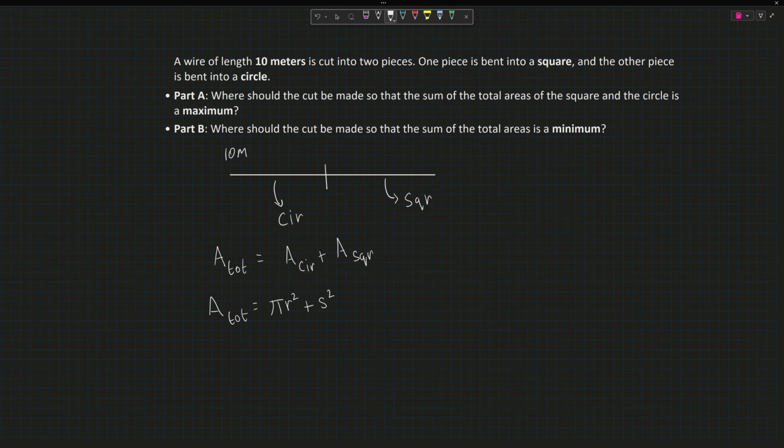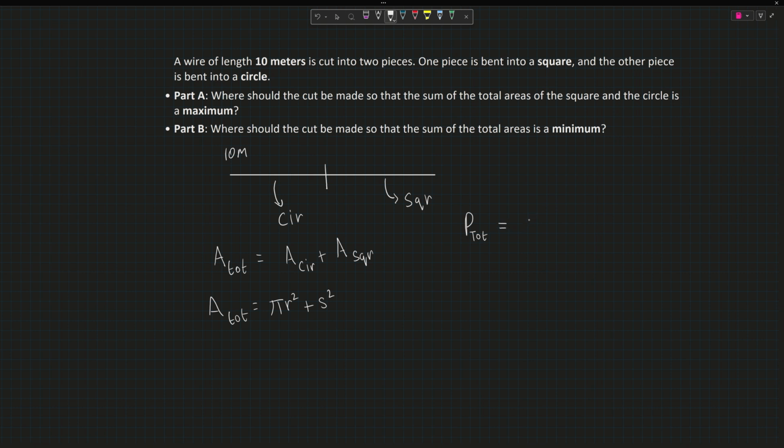But there is one thing that we need to identify here about the constraint. That is the length of the wire. And when we talk about length, we're talking about the perimeter. You cannot have an area with length, right? You form a shape with the perimeter using that length. So, what we're going to do is take out a total perimeter.